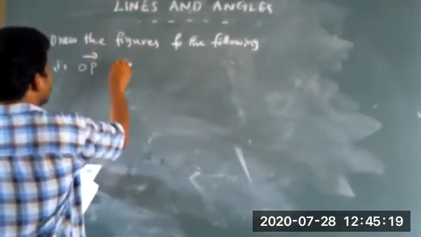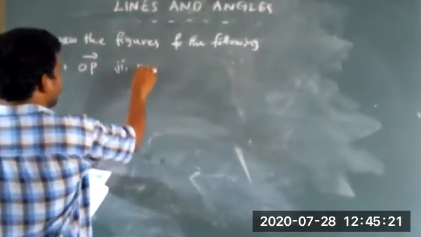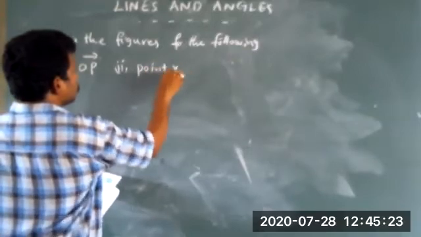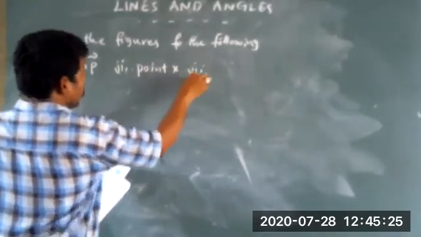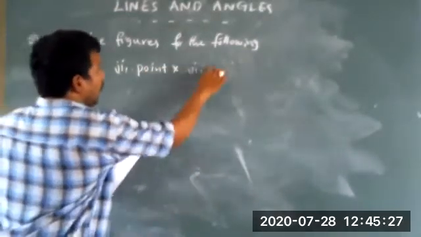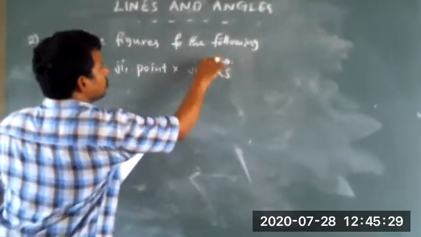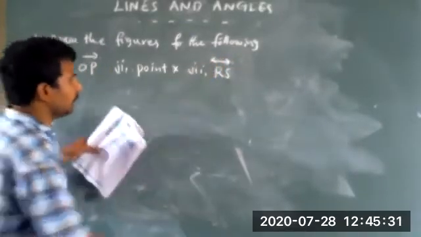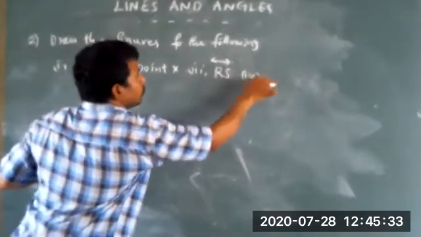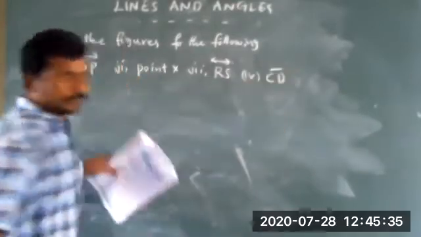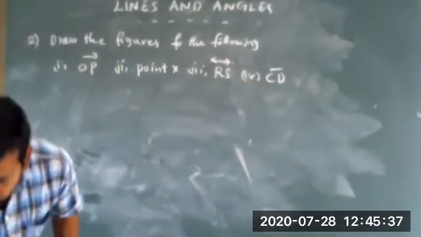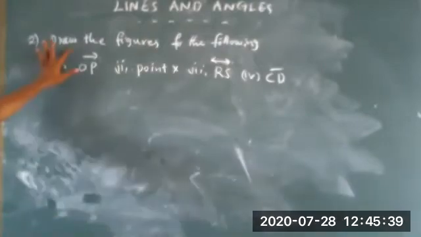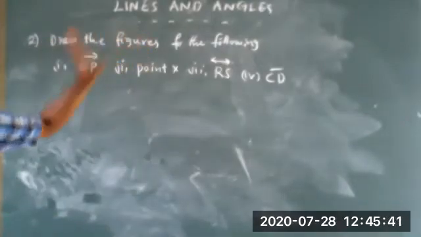The second one, point X. Third one, RS. Fourth one, CD. See children, draw the figures for the following.